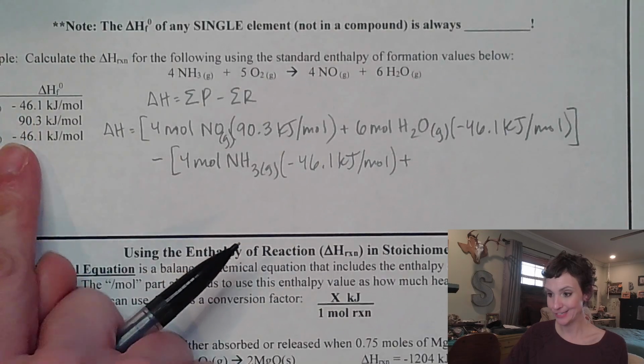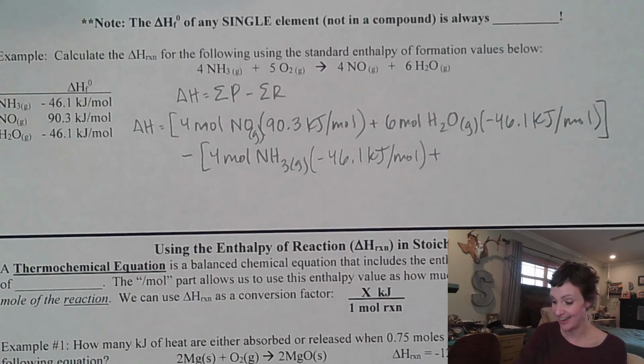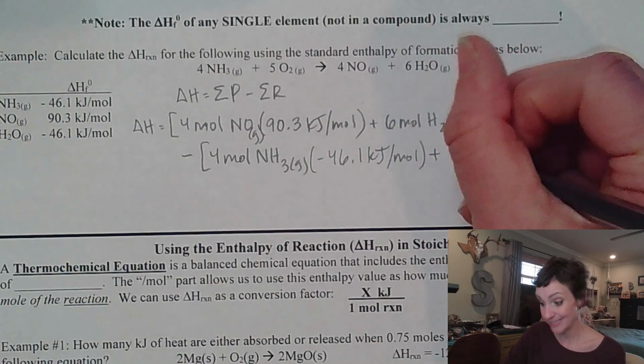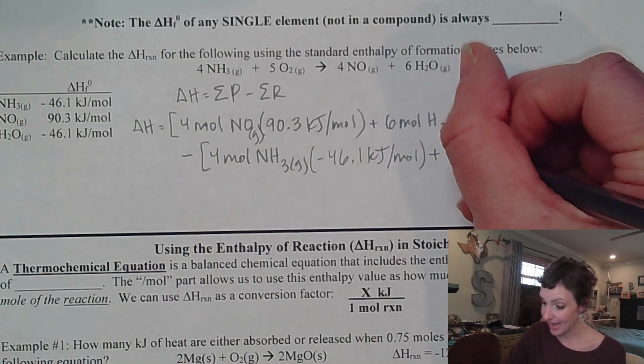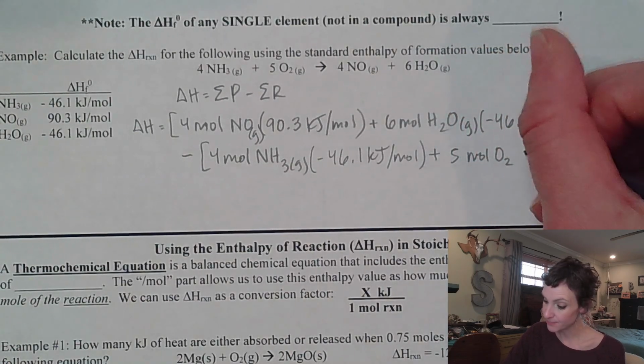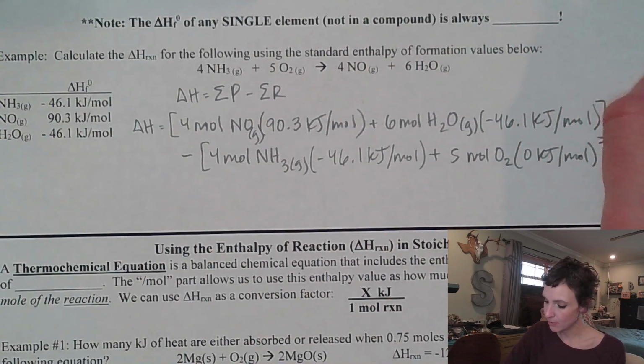You do not see oxygen on this list. Why? Because he is a single element that is not in a compound, which means his standard enthalpy of formation value is a 0. But I still got to show the math work for him. So I have 5 moles of O2 times 0 kilojoules per mole.